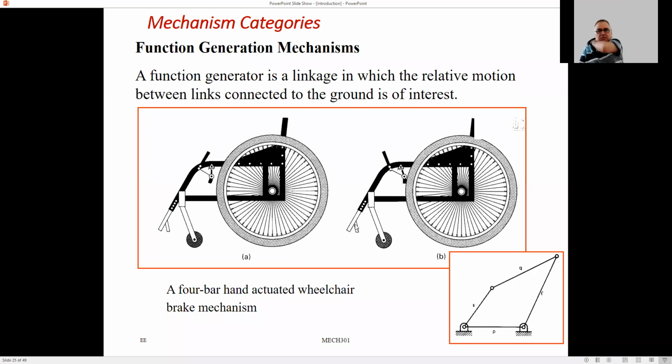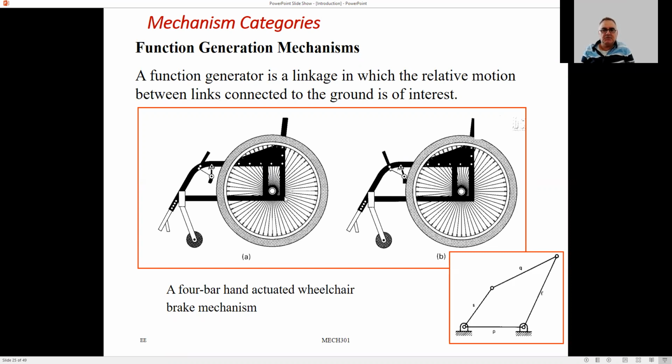For example, you have a wheelchair brake mechanism. Here the wheelchair, as you see, wheelchair is this whole thing. The small thing over here is the 4-bar mechanism. In this position, the brake does not touch the wheel.